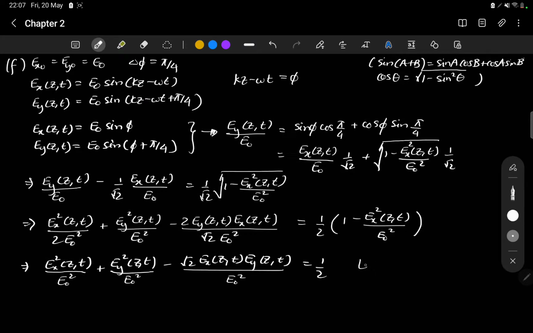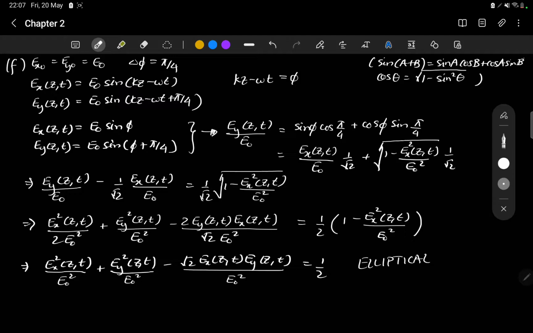So this is elliptical polarization. This is some general ellipse.